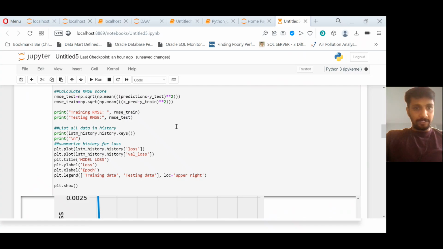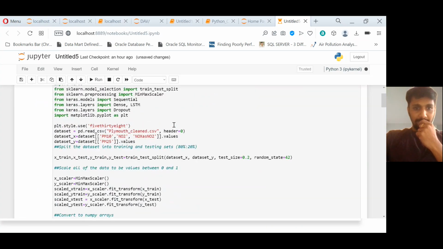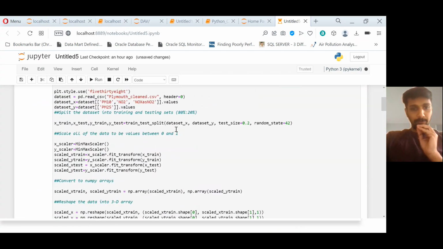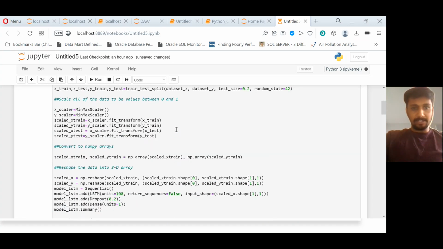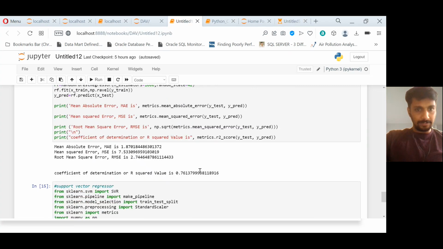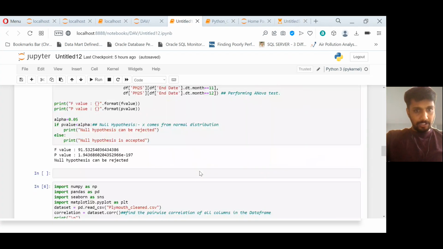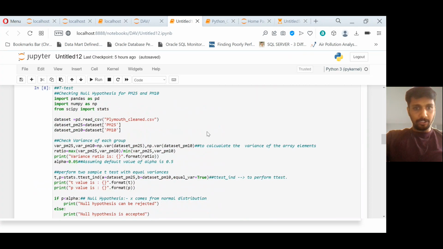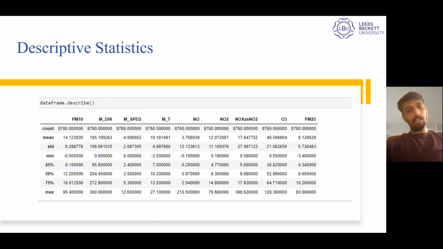We performed the KNN imputation with the help of Python, and then we described the data. That means we have explored the data with the help of the data frame in Python, pandas.